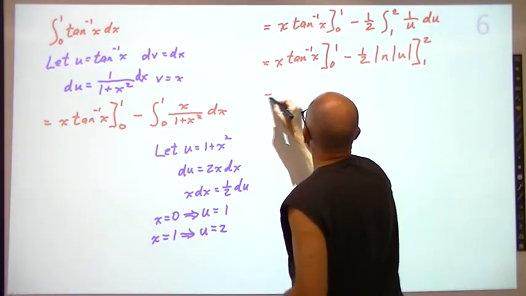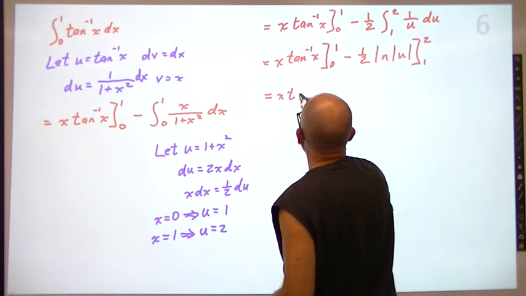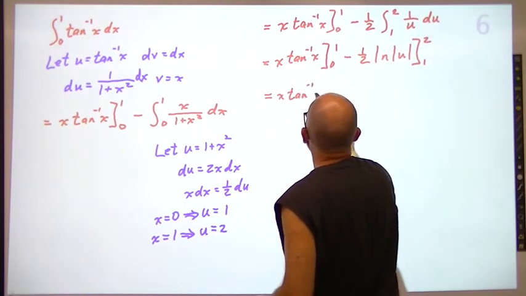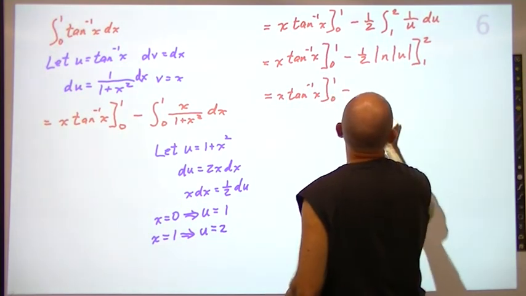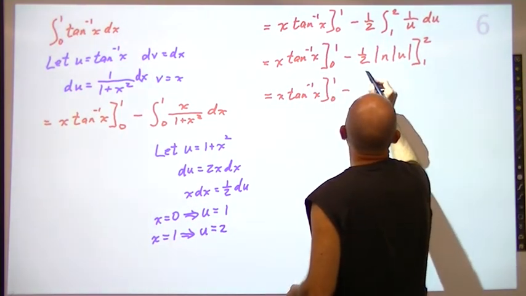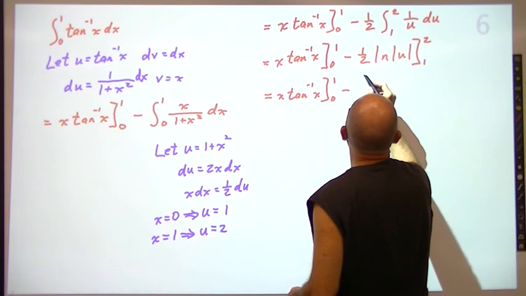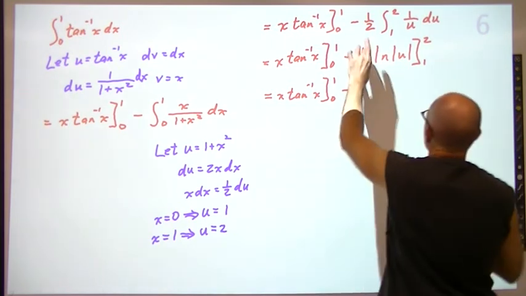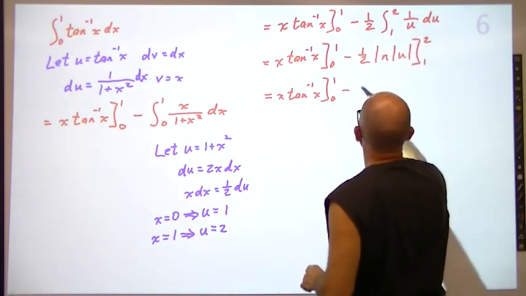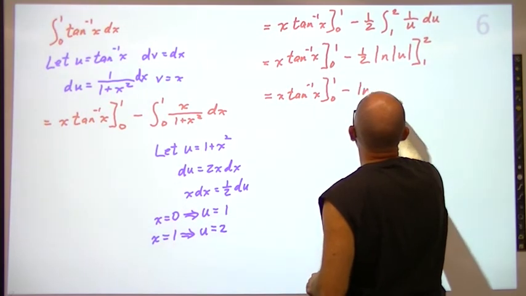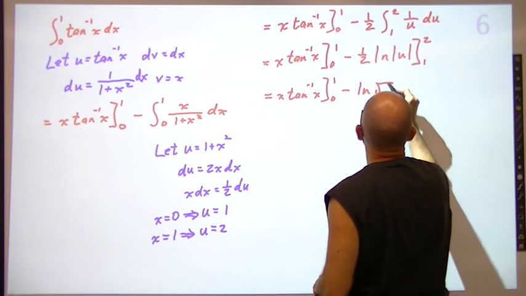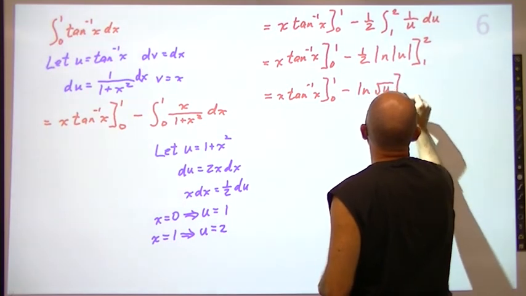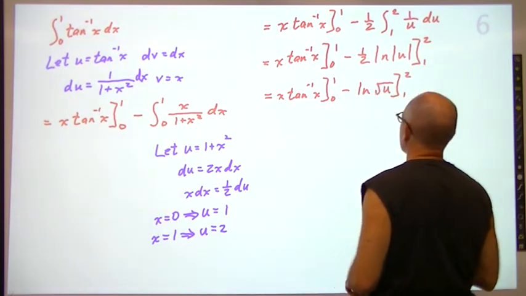So then this is x inverse tangent x from 0 to 1 minus, now what I can do is take this 1/2 and put it up here. So natural log of u to the 1/2. So let's just make it natural log square root of u from 1 to 2.